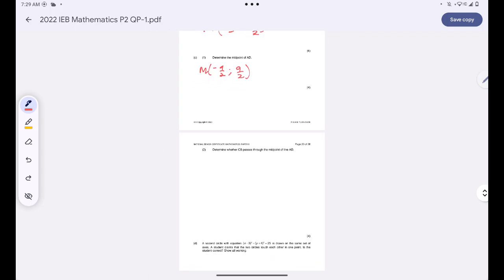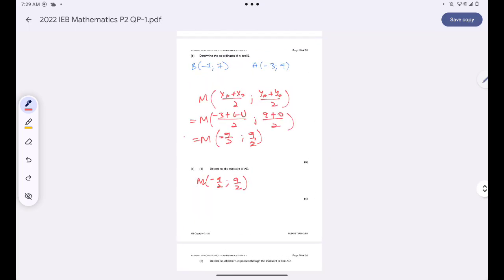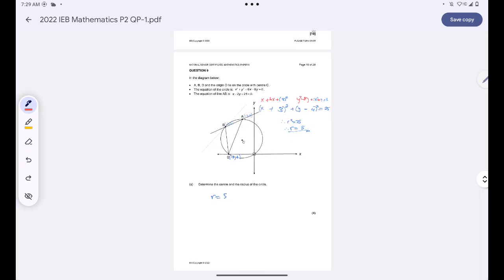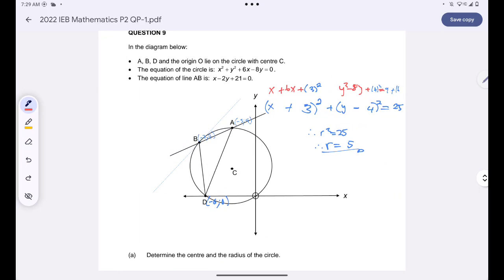Okay, determine whether line CP passes through the midpoint of AD. Where is CP? I'm supposed to show that this line CP passes through the midpoint. How can I do that?